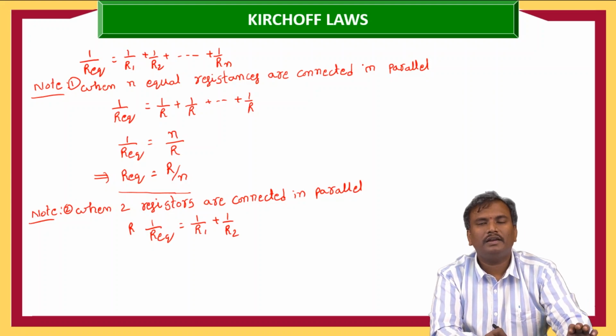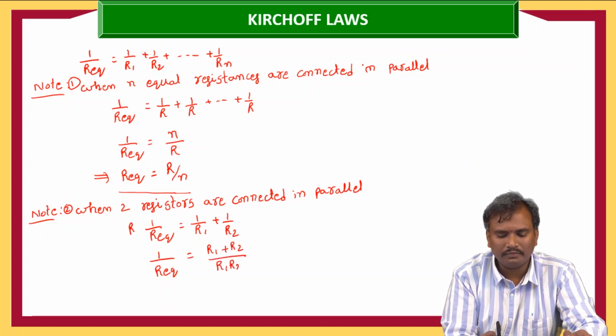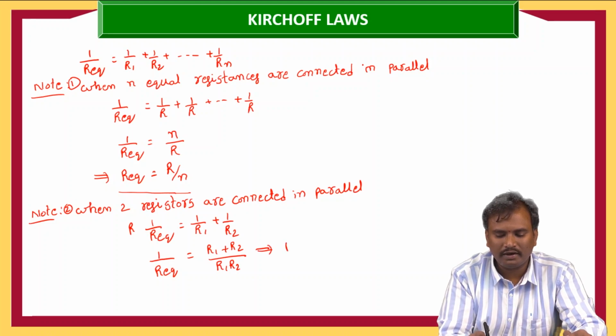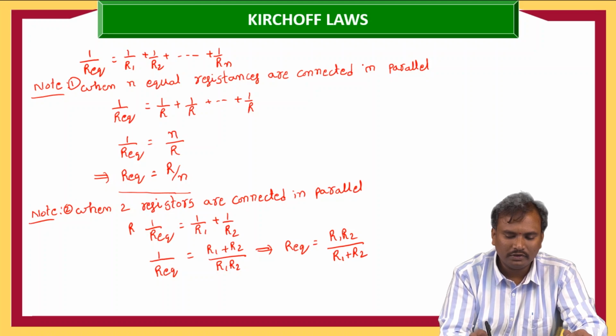We can write this equation in simple notation: 1 by R equivalent is equal to R1 plus R2 by R1 R2. From this we can write R equivalent as R1 R2 by R1 plus R2.